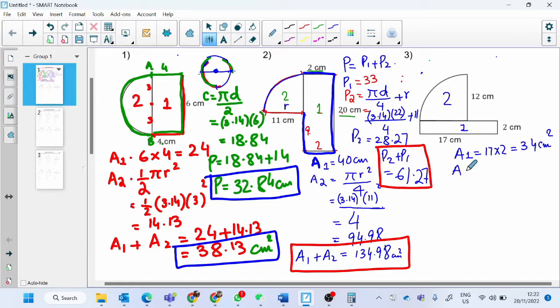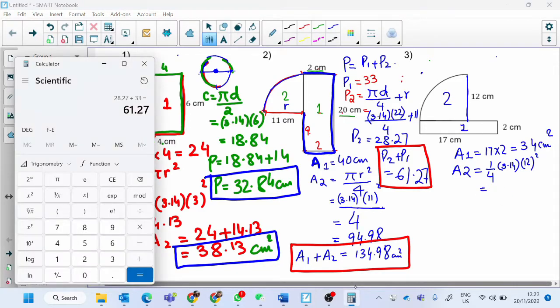And now we have to find the area of the second shape, and it's 1/4 of a circle. The formula for a circle's area is pi r square, and the value of pi is 3.14, and the radius we already know, this is the radius, right? So 12 square.